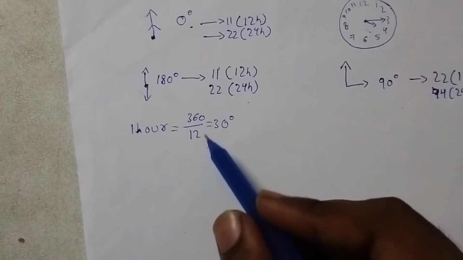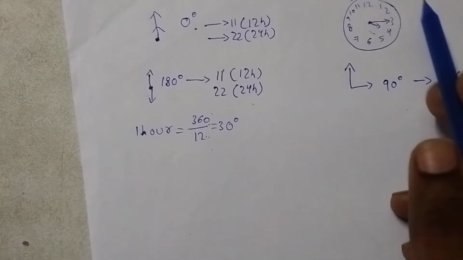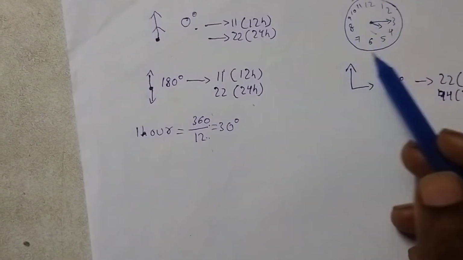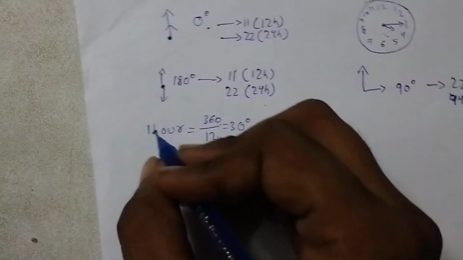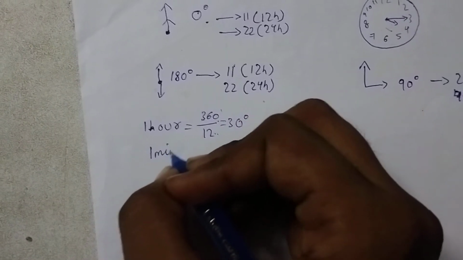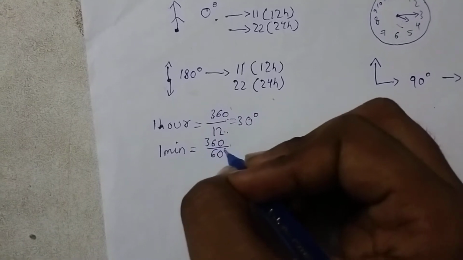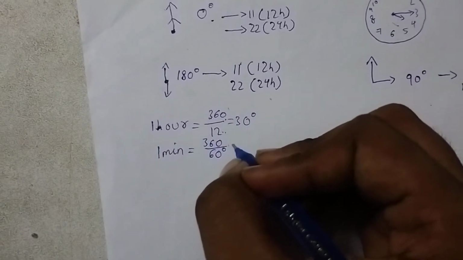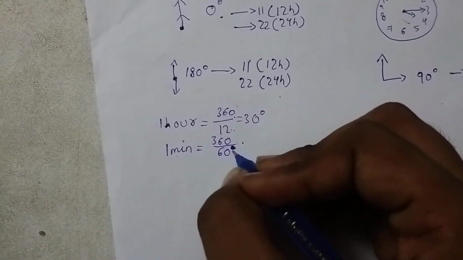We divide 360 by 12 because the whole clock looks like a circle, which means the whole clock is 360 degrees.